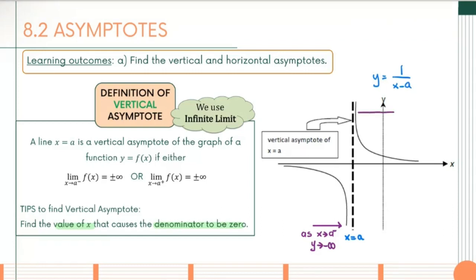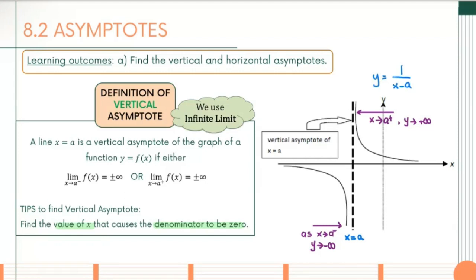Daripada arah kanan A, graf kita dekat atas kan, as x approaching A from the right, so you can see that our y is approaching, kena buat arrow, the value of positive infinity. Nampak tak? Sini tadi negative infinity kan sebab dekat bawah, y kita kat bawah.